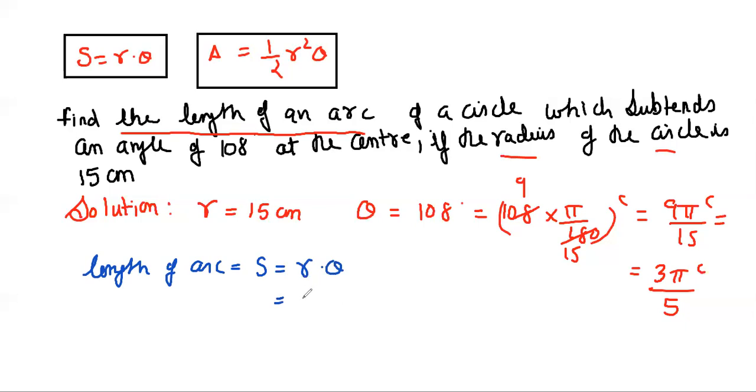So beta, radius is given to us here as 15 centimeter and theta should always be in radians, so I will write here into 3 pi upon 5. So beta, I can cancel this 15 by 5, 5 3s are 15, 3 3s are 9 pi radians. This is the length of arc. And instead of writing radians, we write centimeter here, okay, 9 pi centimeter, because length of arc, so we would write this as 9 pi centimeter.